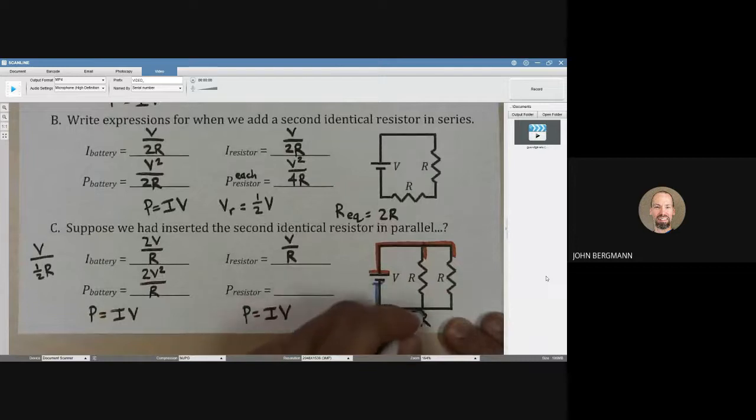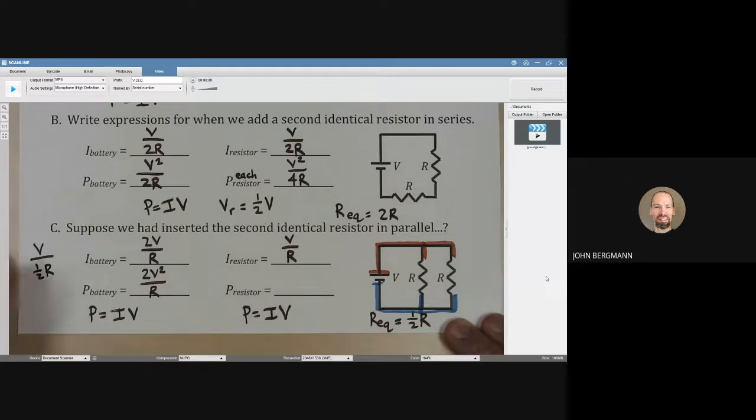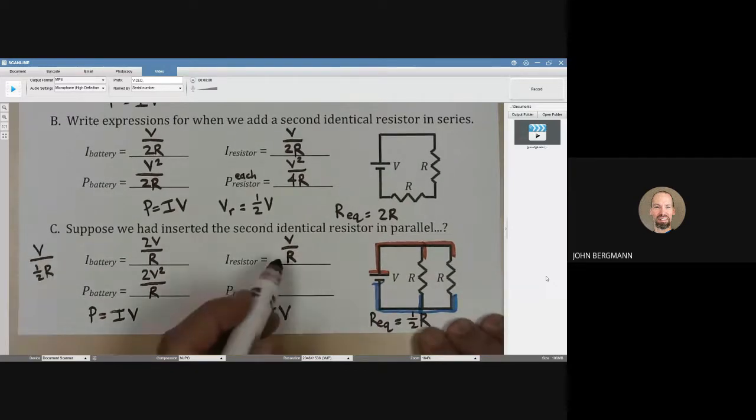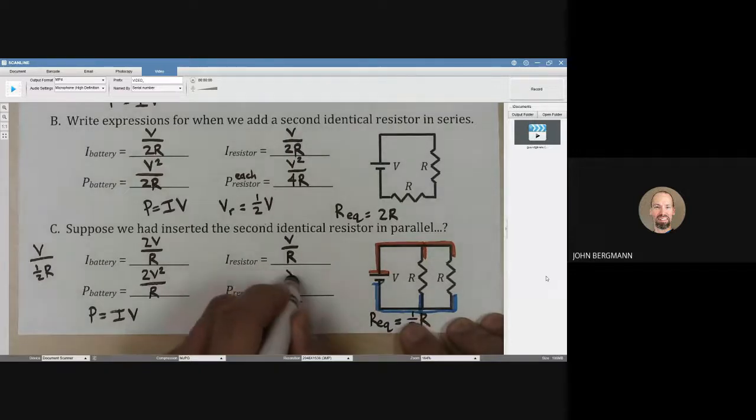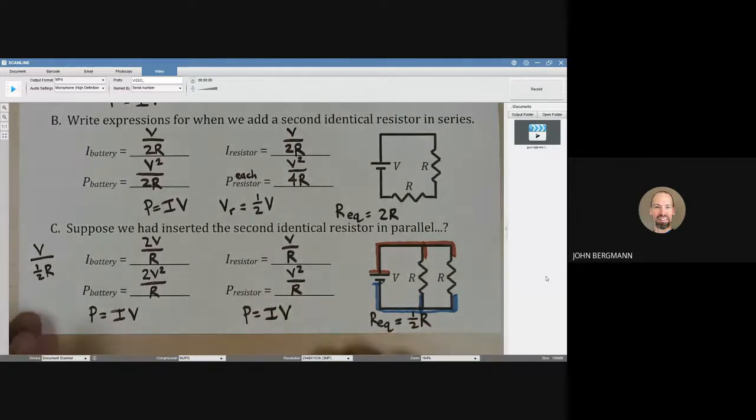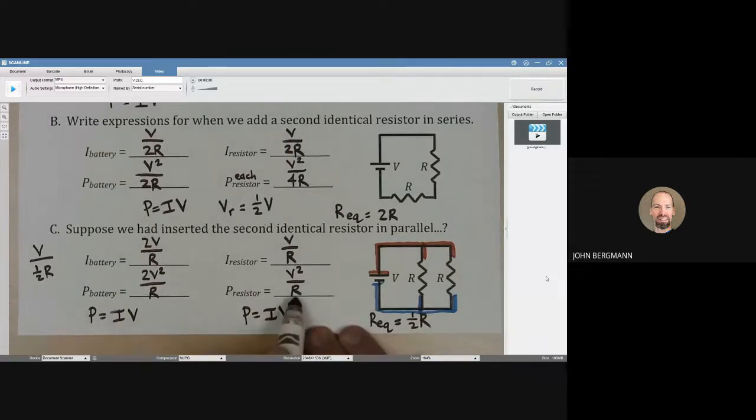See, because the color difference across the battery and the color difference across the resistors is equal. We're going to go V divided by R multiplied by V. So that's just V squared over R. And one more time, if you take the power consumed by each resistor, there are two of them, isn't that equal to the power delivered by the battery?